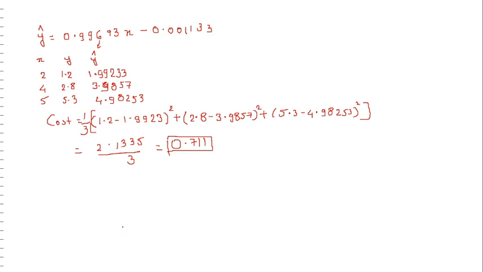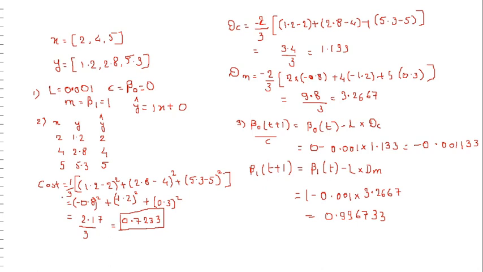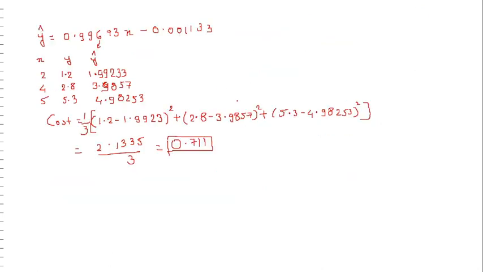So now further what we need to do is, after cost, you can check what did we do? We went for DC, we went for DM. So again in the same fashion, we need to find out DC once again for this iteration. I'll simply write down the values. We have to perform it in the same way.